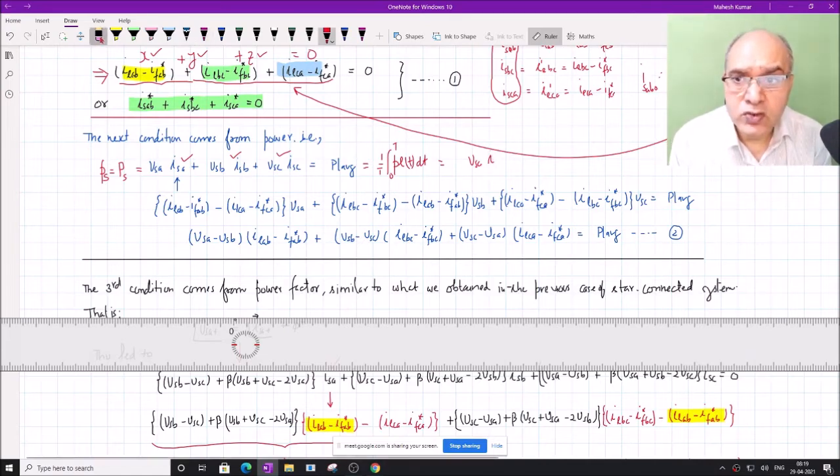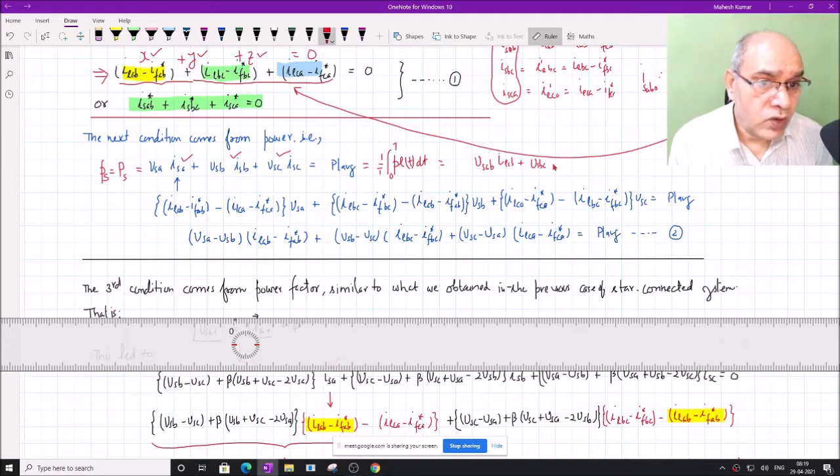Okay, and since you don't have phase access on the load side, what we can do is say VSAB into ILAB plus VSBC, before compensation remember, into ILBC plus VSCA into ILCA. This whole thing into dt from T1 minus T to T1. It's a running average. This is the average load power.